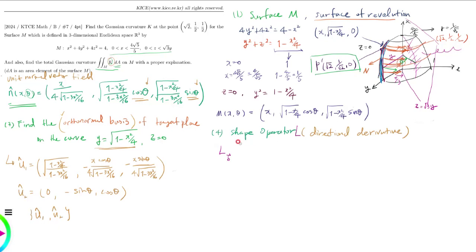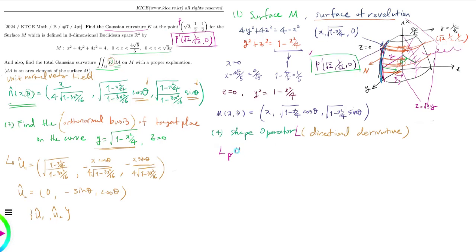The point should be specified. So the shape operator at point P prime, I'm going to find its Gaussian curvature at the point P prime, which is square root of 2, 1 over square root of 2, 0, instead of this point P here, because their Gaussian curvatures are the same.